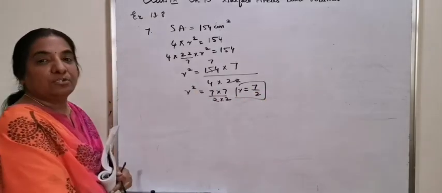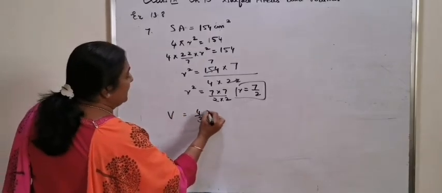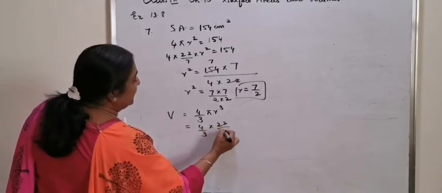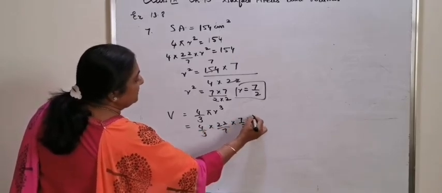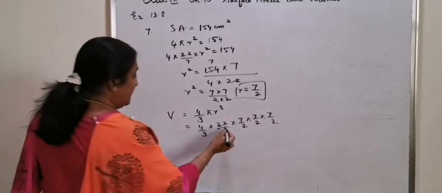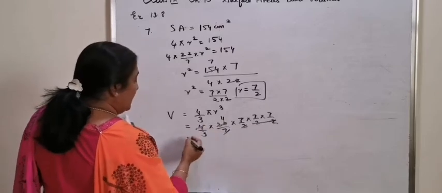Now you have to find out the volume of the sphere. Volume of the sphere is equal to 4 by 3 pi r cubed. 4 by 3 into 22 by 7 into 7 by 2 into 7 by 2 into 7 by 2. The 2 and 2, 4 gets cancelled.